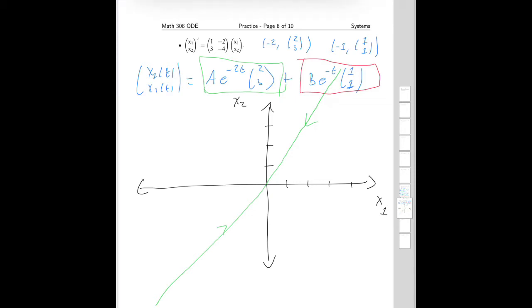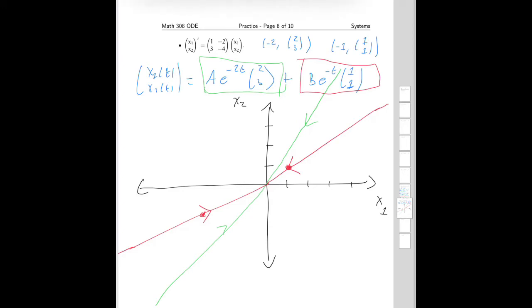And now I'll do the other one. So (1, 1) is going to be like this. Obviously when you're hand drawing these things, the scale is always going to be wrong. So if a solution starts here on the red line, then as t goes to infinity, the magnitude goes to 0, so the solutions also go in like that.